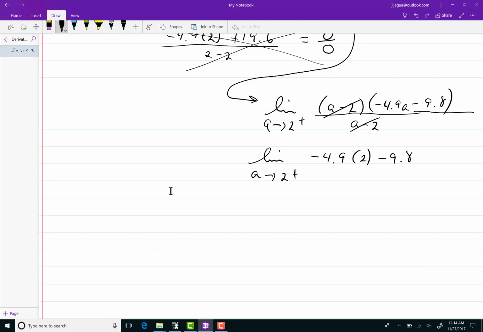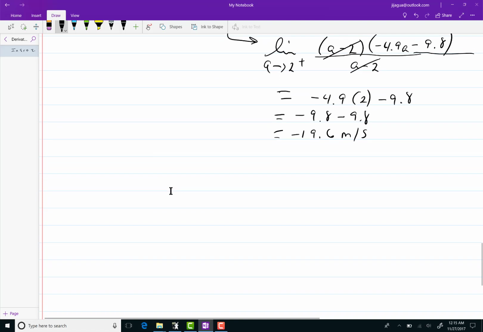And that equals... I should have left that off because that's when I plugged it in. Negative 9.8 minus 9.8, which equals negative 19.6 meters per second. Now, the whole process could have been done for numbers less than 2.